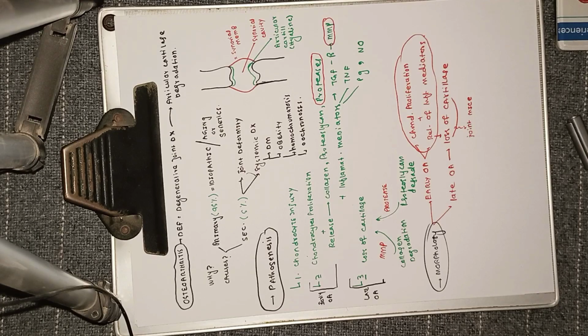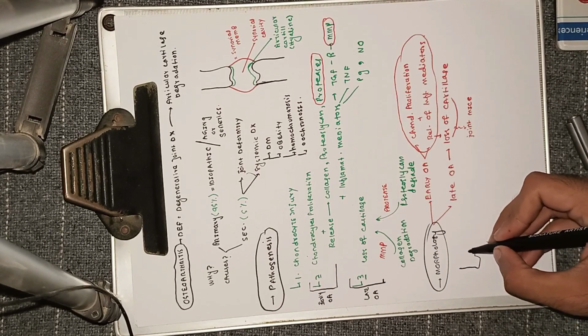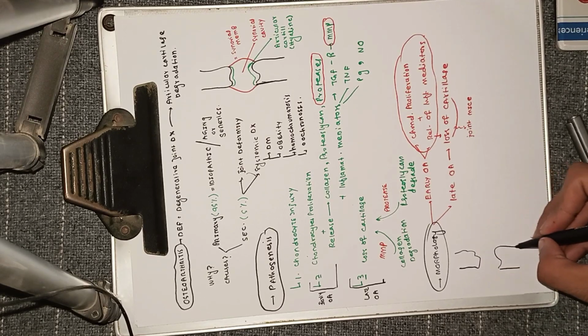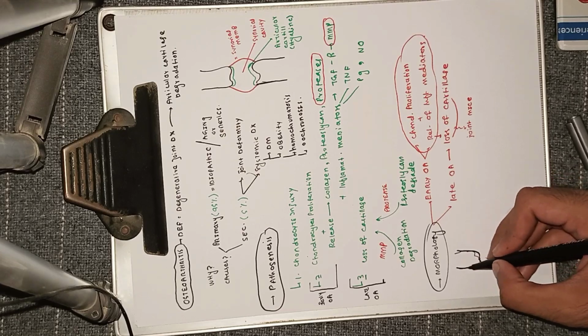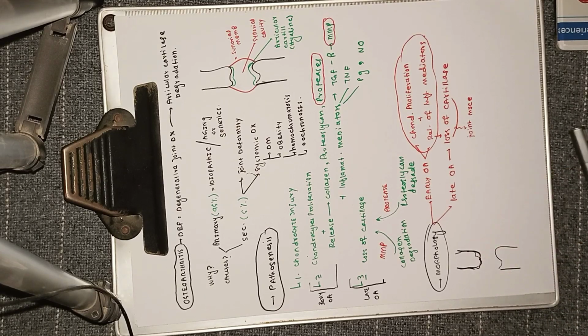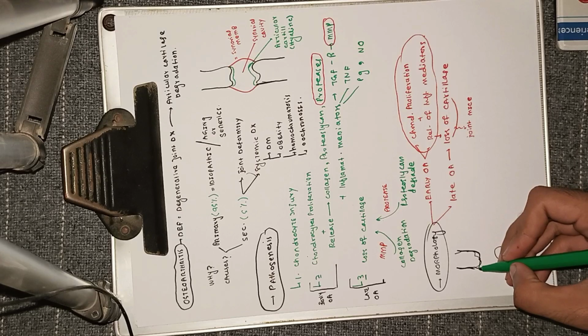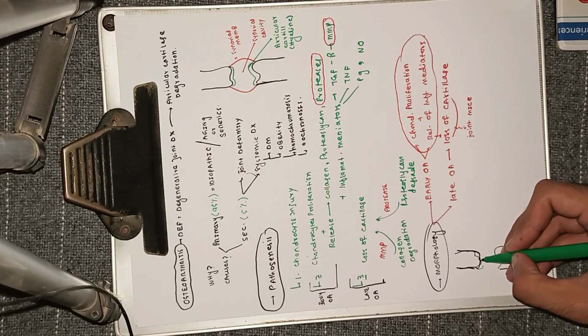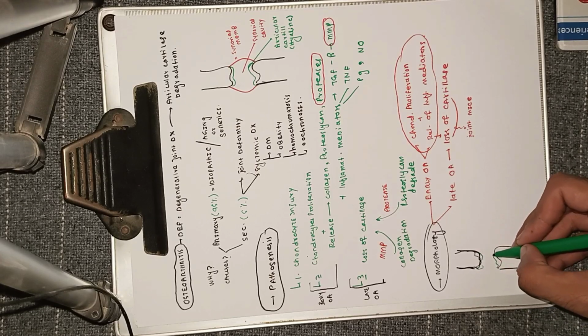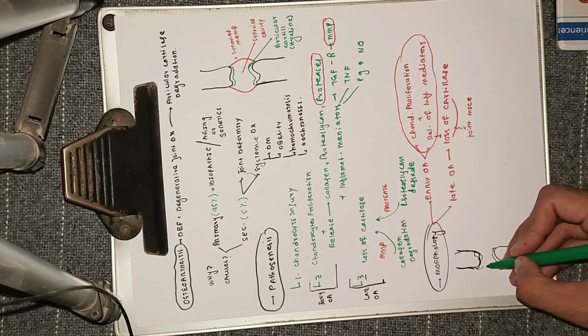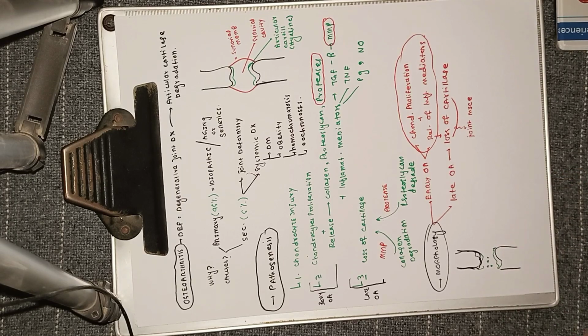So you see, this is your joint surface. I hope you can get something from this. Now you can see the cartilage is lost from some points, and these are those broken pieces of cartilage which are now in the synovial cavity.